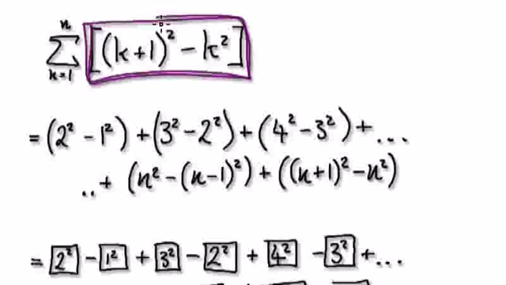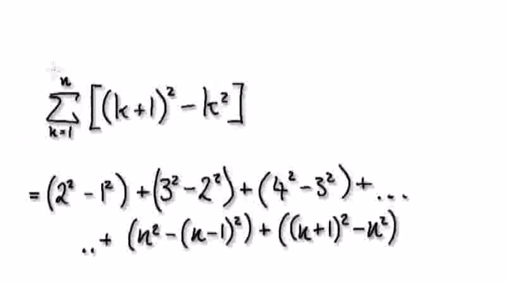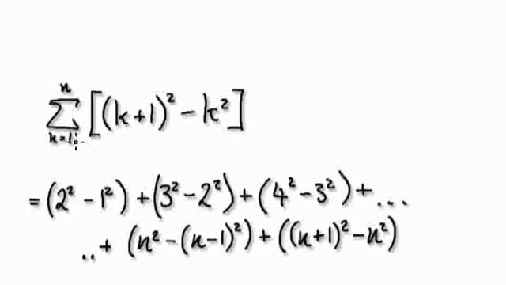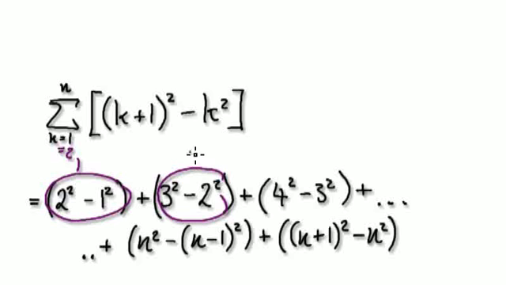Now, once you've got this here, if you put k equals 1 into here, it will give you this. This is when k equals 1, and then it increases by 1. So when k equals 2, it will give you this.